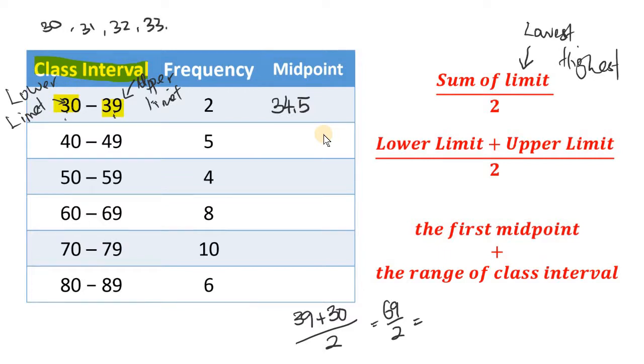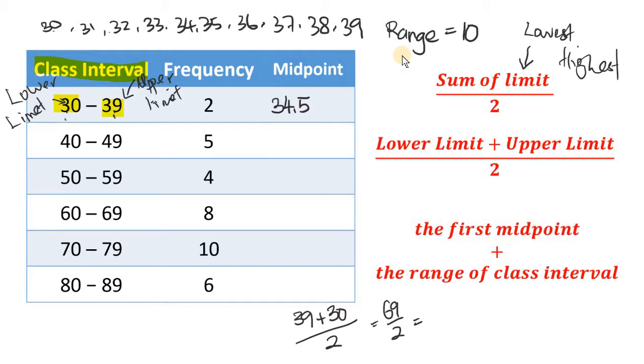I list them out so you can see more clearly. Until 39, we have 1, 2, 3, 4, 5, 6, 7, 8, 9, 10. So 10 values. That is the range of the class interval, equal to 10. So to get the next values, I just add 10 to it.